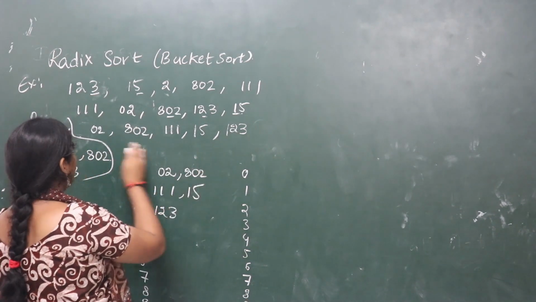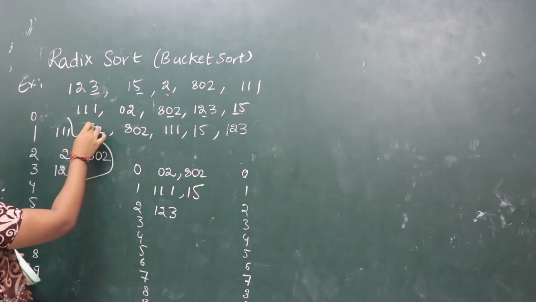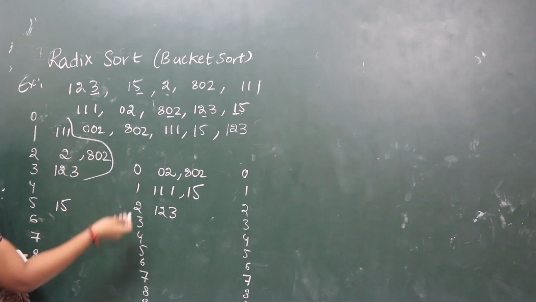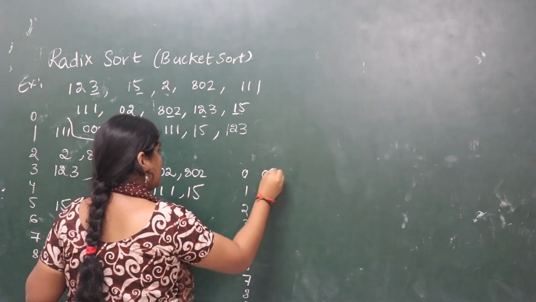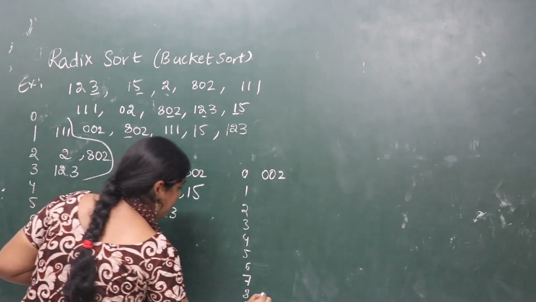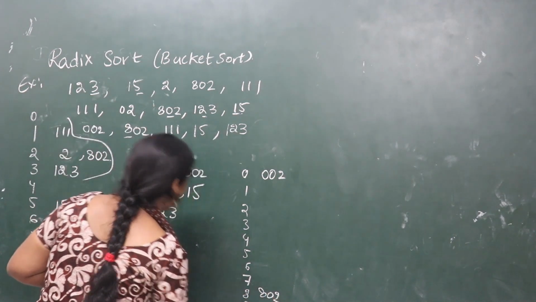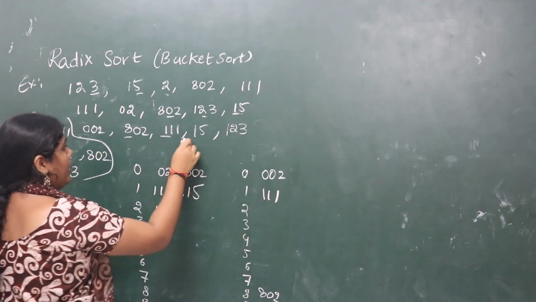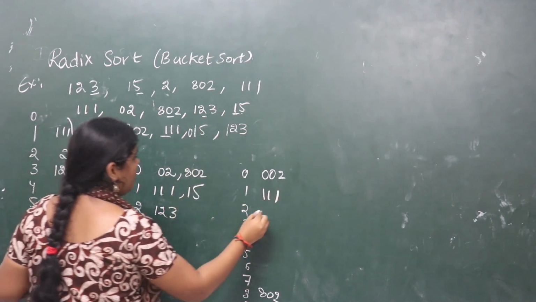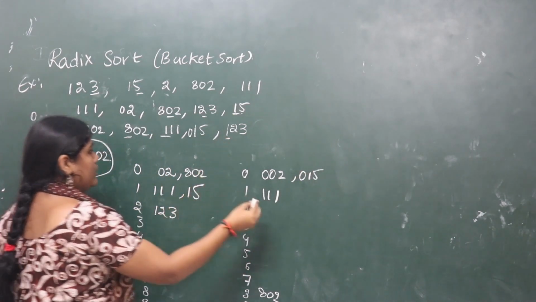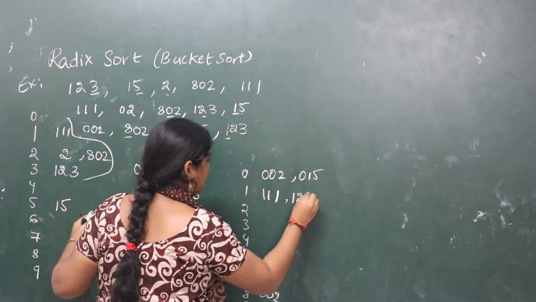So with the hundreds position from 0, as there is no hundreds value, we will take it as 0. So 002 and 802, 802, 111, and there is no hundreds position, so it is 015 and 123.